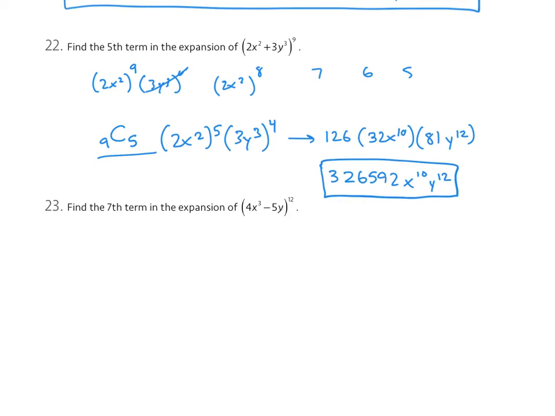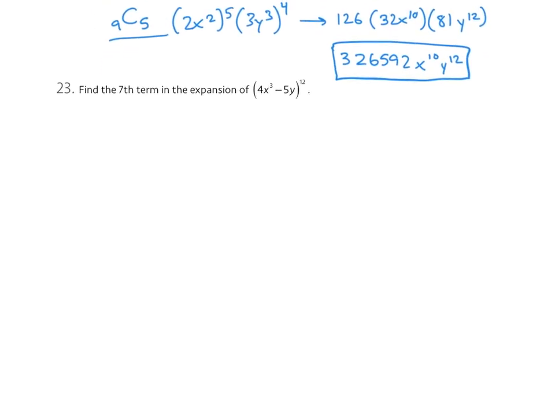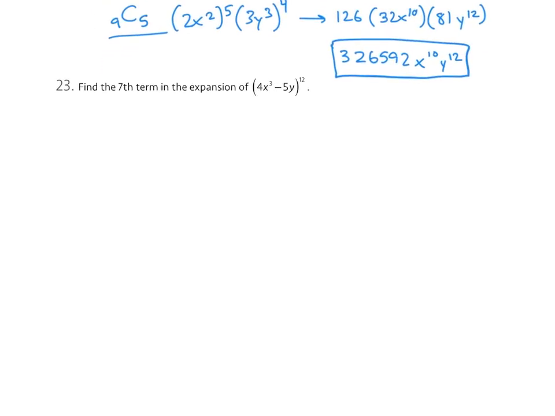All right, number 23, and this will be the last one in this lesson. Find the seventh term in the expansion of 4x cubed minus 5y, all of that raised to the 12th power. Well, if we think about the exponent progression, the first term is going to have a highest exponent of 12, then 11, 10, 9, 8, 7, 6, and there's our 7 right there.